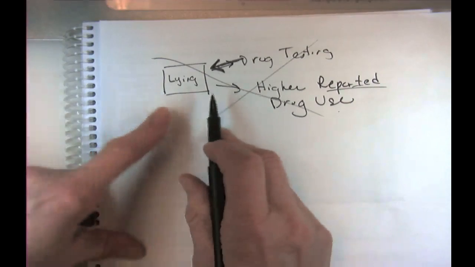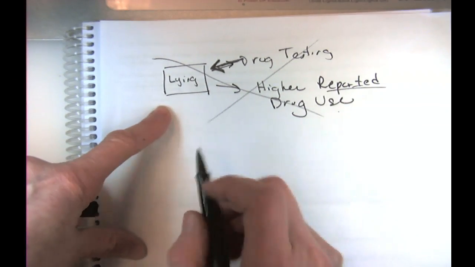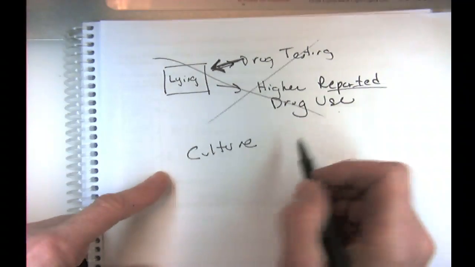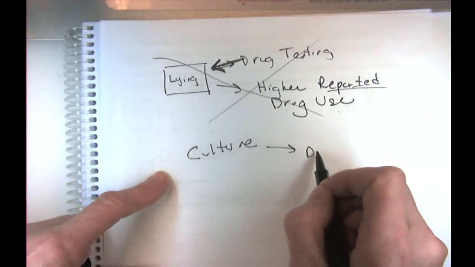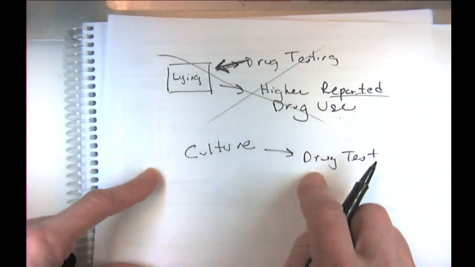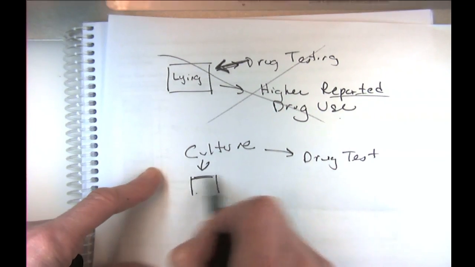But what if something else, lying, was just, the schools, there's some kind of culture that schools that drug test, they're going to choose to drug test because the kids are both drug users and more likely to lie. So it looks like this.